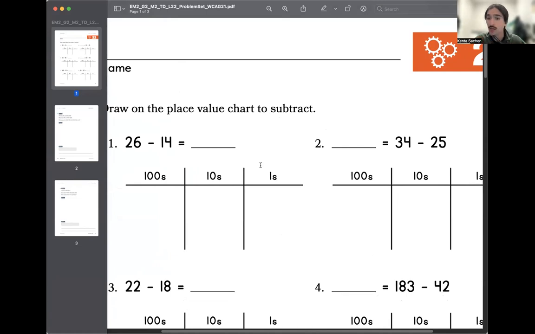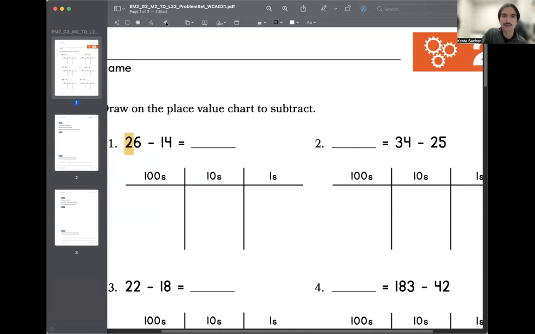some of these problems, or a lot of these problems, you can definitely solve the way that we used to solve it, right? By that I mean, splitting up our 26. Now, you don't need to write this down, right?